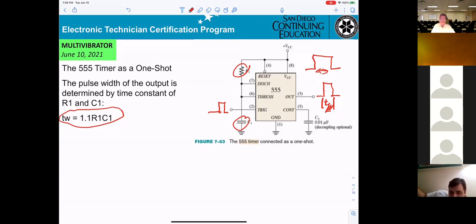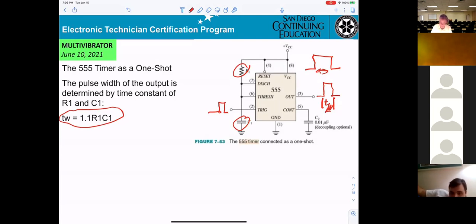That means I say I want the full width to be how many microseconds or milliseconds, and you have to determine the value of R and C. Okay, and that will be in simulation.